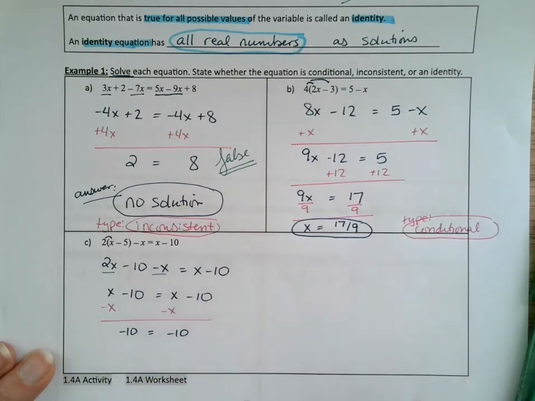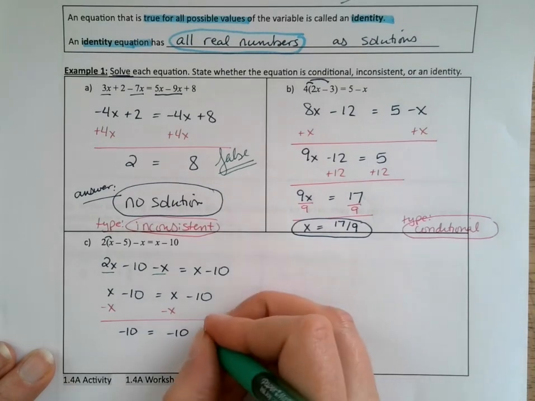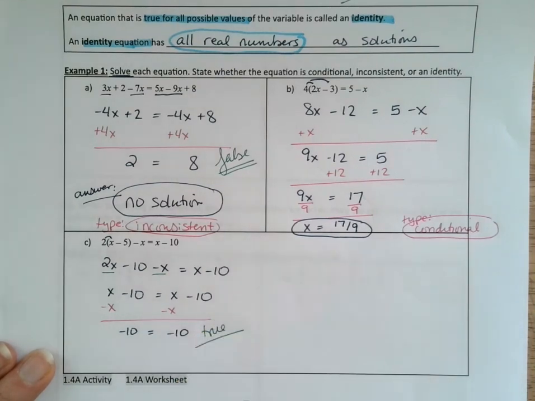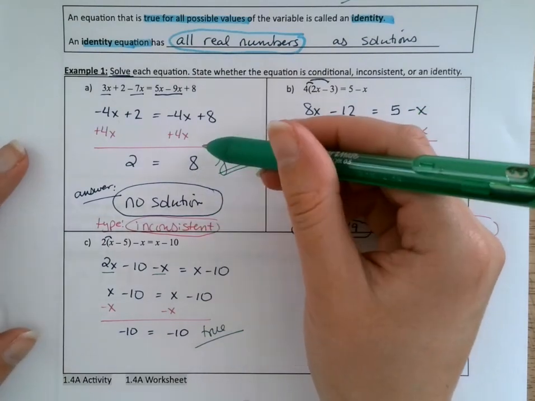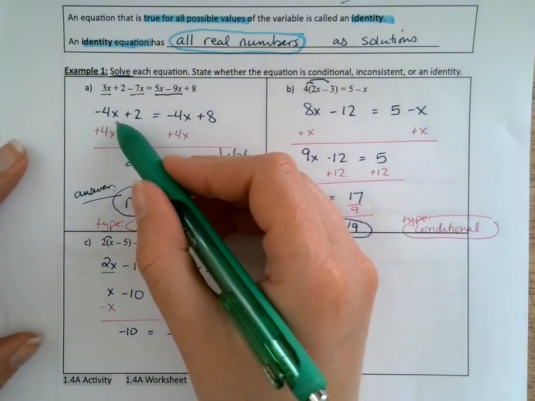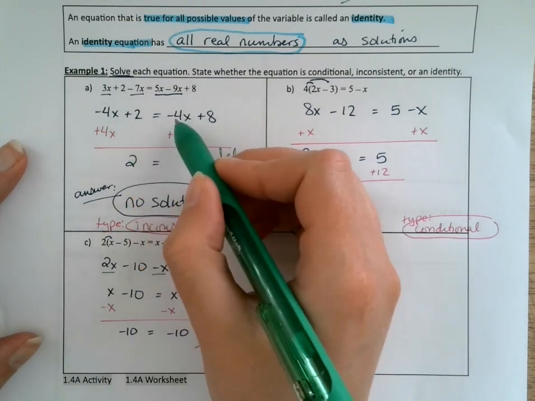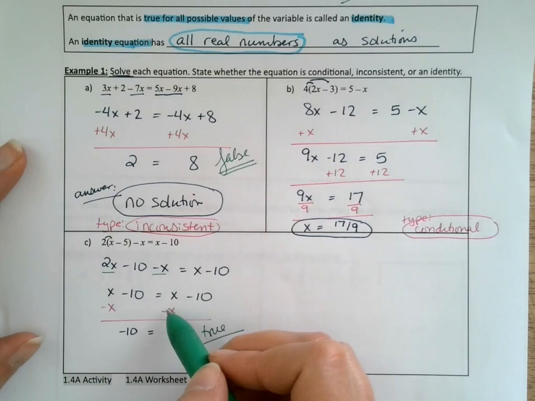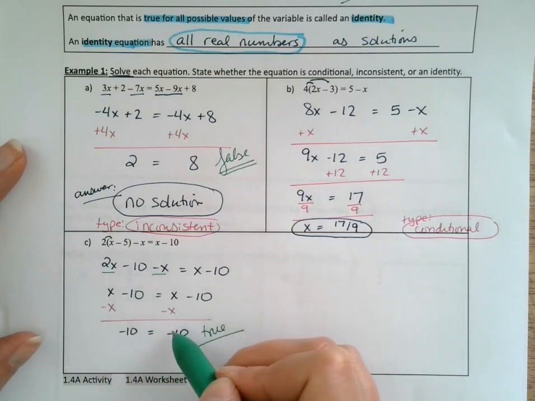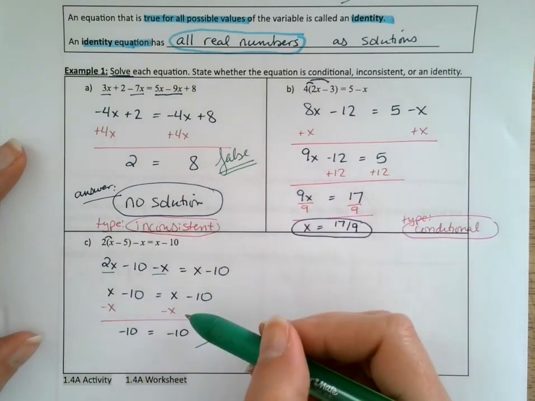So this gives me a statement that is true. So in both of these cases, parts A and C, the variable pieces were the same on both sides. So when I added or subtracted them over, they eliminated each other and they were gone. No variables left is going to be true for both types.